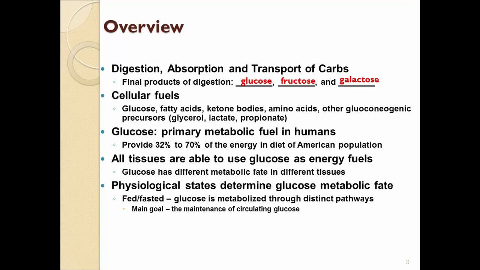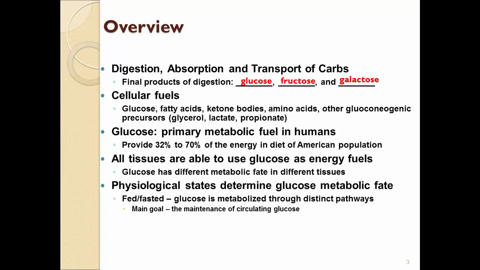propionate, right? So only glucose, fatty acids, and amino acids we know actually come from the diet, right? We digest food and absorb it into the body. But ketone bodies and glycerol and lactate and these kinds of molecules are actually metabolized from these nutrients, and the body makes these molecules from the nutrients that we absorb, right?